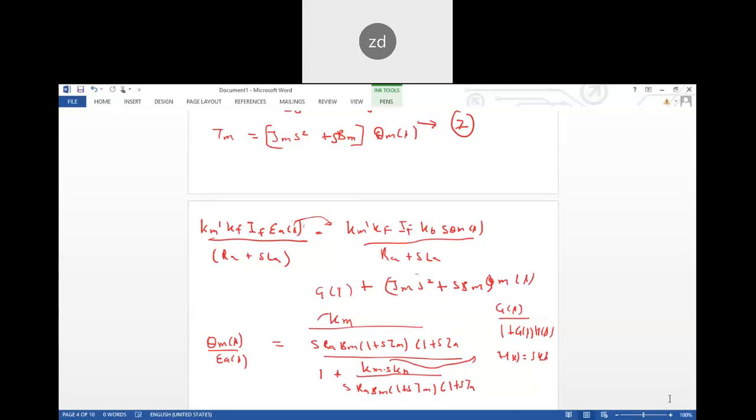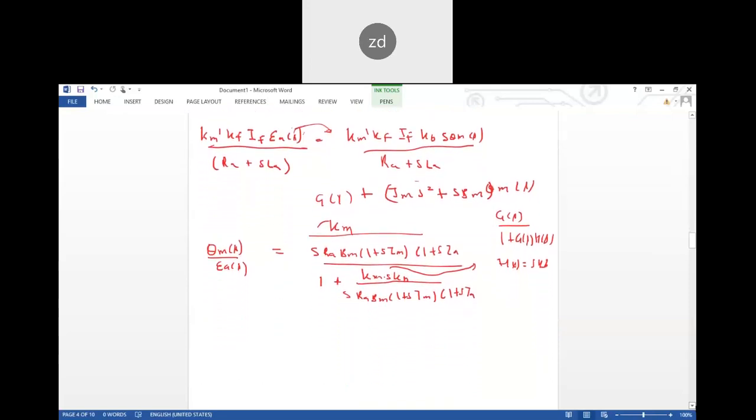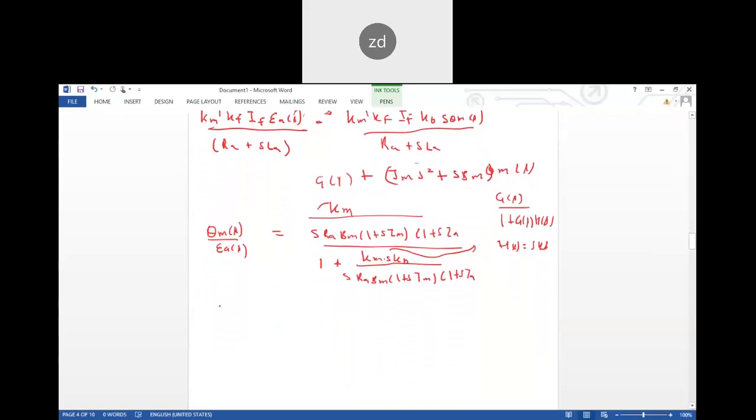Now I can express this equation in the closed loop form. I can write the entire equation by putting the same values: Tm is equal to Jm by Bm, and tau a is equal to La by Ra. Now Km dash into Kf can be combined into one single value Km, which I had forgotten there.